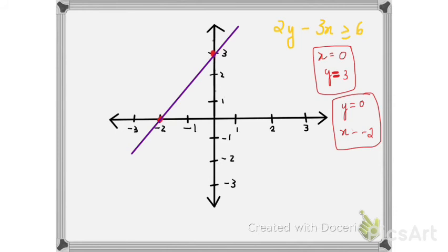Now if they're asking for the wanted region, we have 2x minus 2y minus 3x, which is greater than or equal to 6.